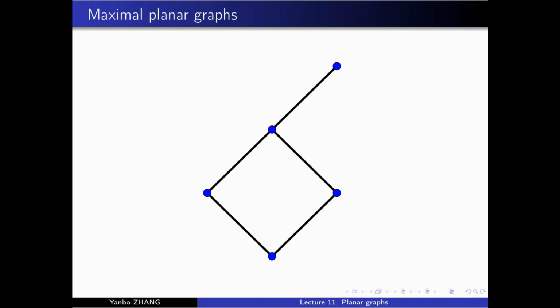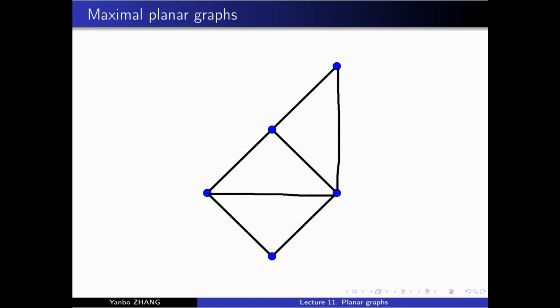The last question is to create a maximal planar graph. Here is a planar graph. If we add one edge to this planar graph, it is still planar, then we add this edge. We can go on adding some edges to make a new graph, and the new graph is still planar.